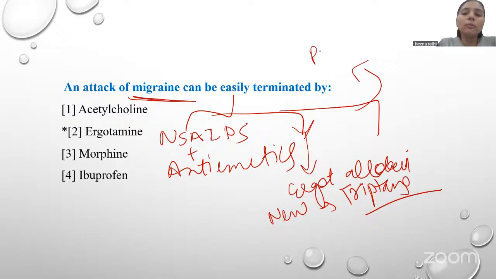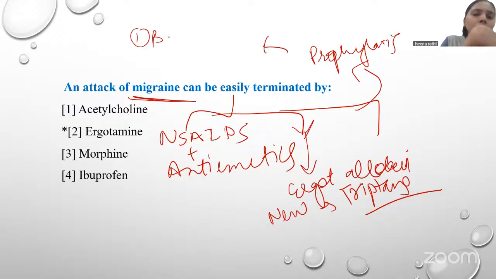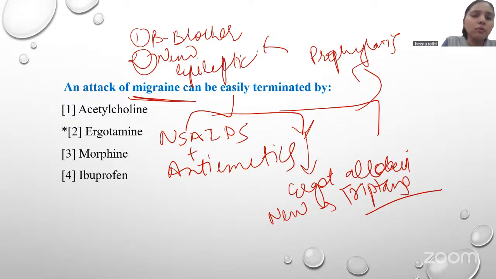But for prophylaxis, for prevention of attack, we give multiple drugs like beta blocker, propranolol. Some of the newer anti-epileptic drugs can be used for this purpose. Very important question: the newer anti-epileptic drug used for prophylaxis of migraine is topiramate.